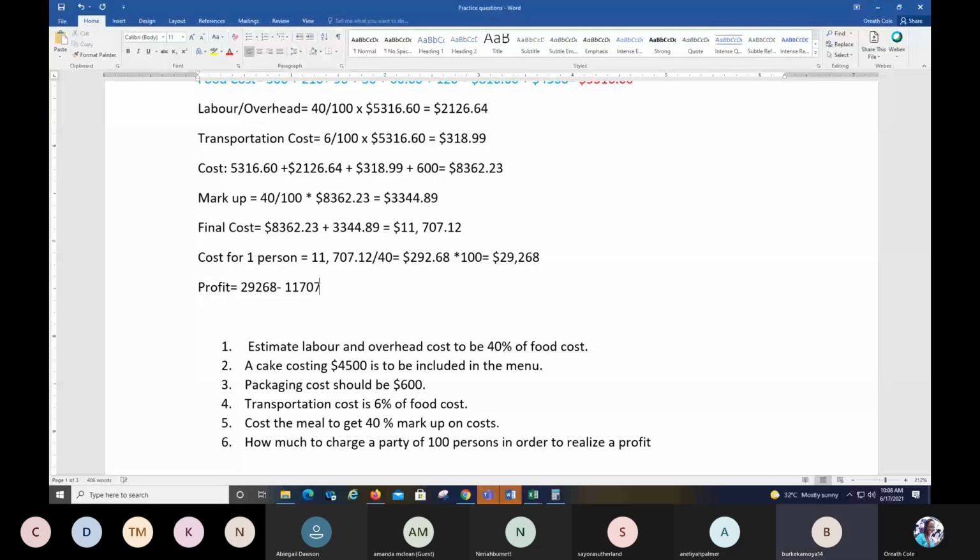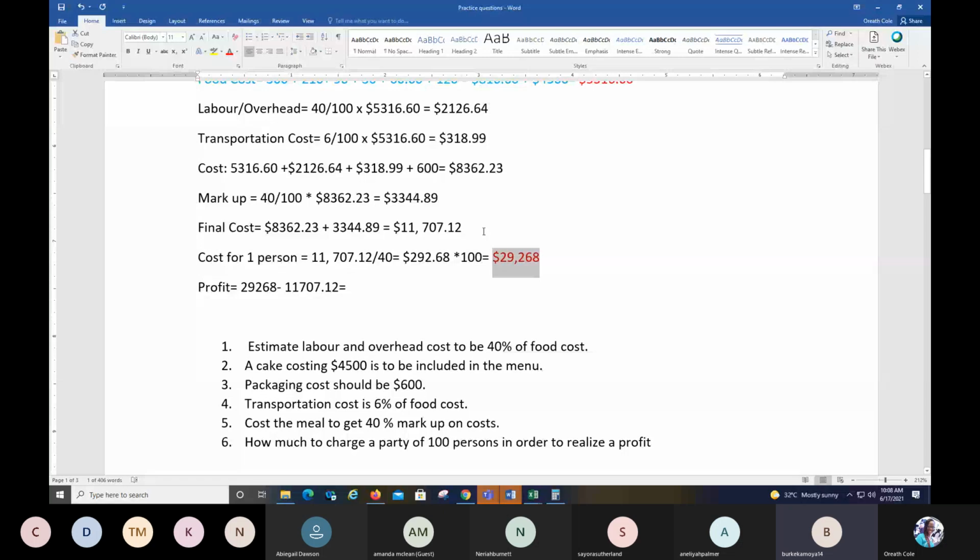Miss, how would that be the profit? Oh yeah, subtract. I understand. Don't forget the profit, but what was the final cost again?